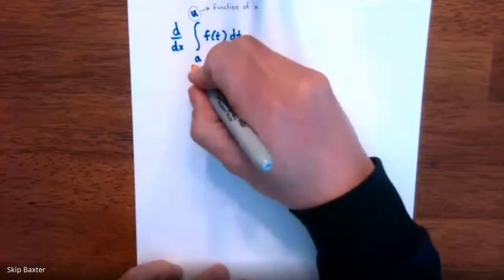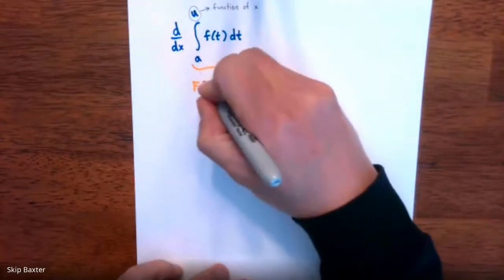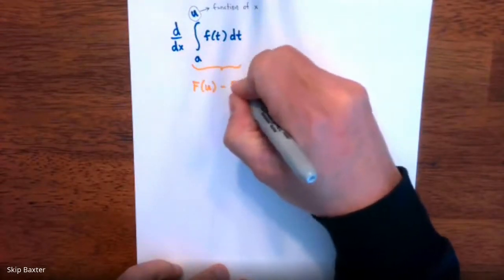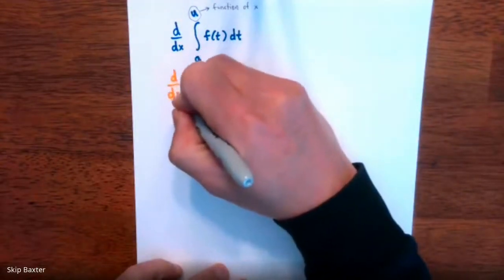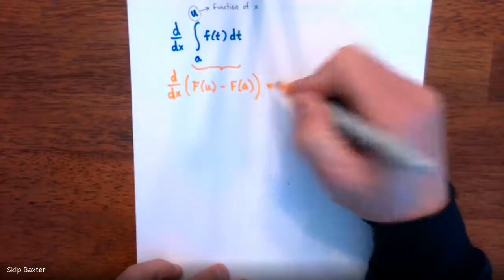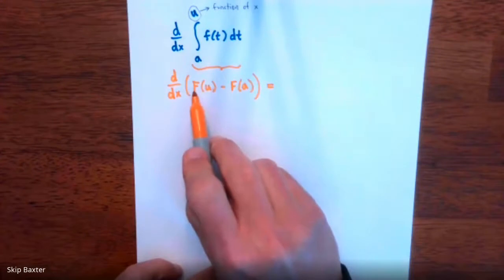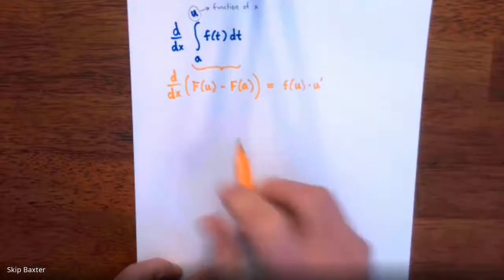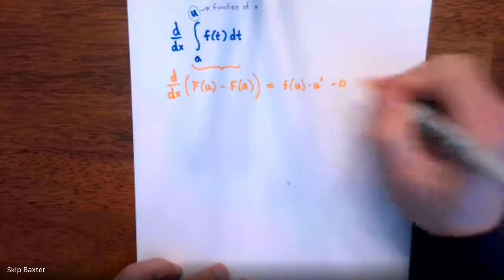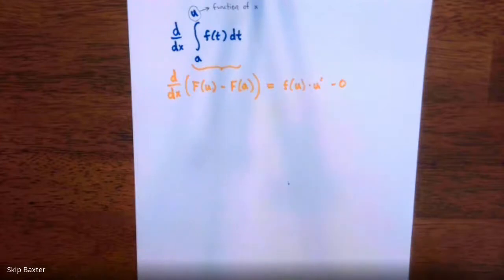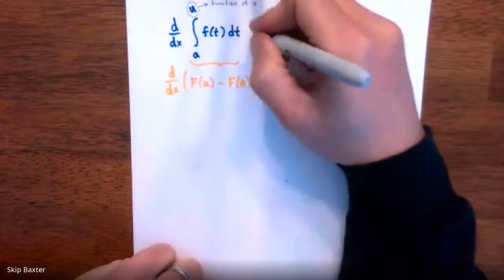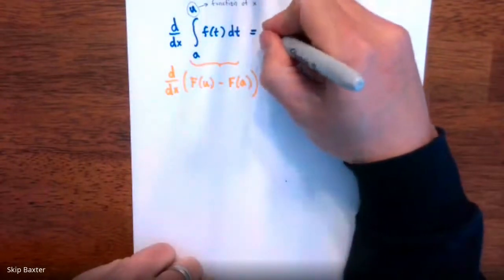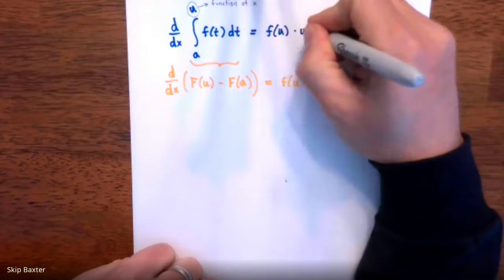If you look at the integral part of this, this is like capital F of u minus capital F of a, right? If you take the derivative of that, what do you get? You have to differentiate capital F of u, which would be little f of u times u prime by the chain rule, right? The derivative of F of a is still 0, right? So the completion of the chain rule version of FTC Part 2 is really just, this is going to be f of u times u prime.